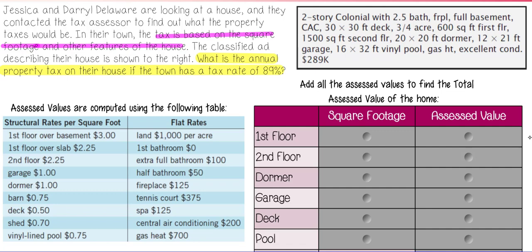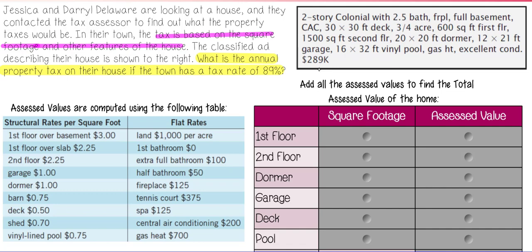FPRL is fireplace, full basement, CAC is central air conditioning, a 30 by 30 foot deck, 3/4 acre, 600 square feet first floor, 1,500 square feet second floor, 20 by 20 foot dormer, 12 by 21 foot garage, 16 by 32 foot vinyl pool, gas heat, excellent condition, and they are going to pay $289,000.